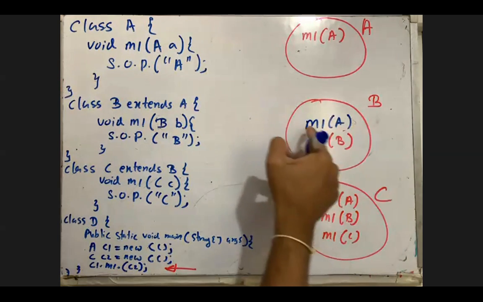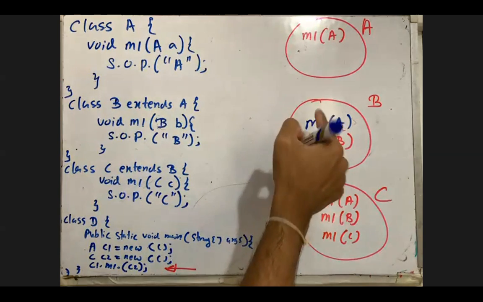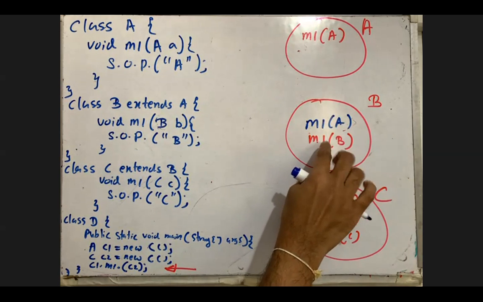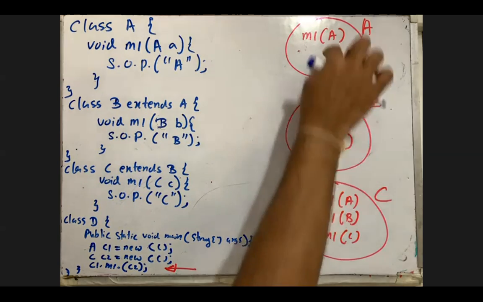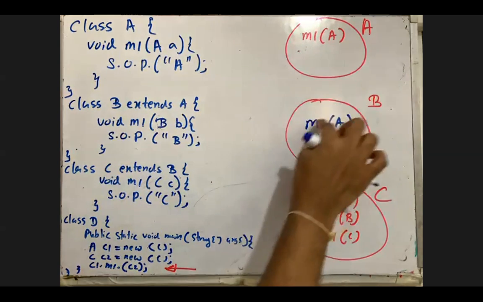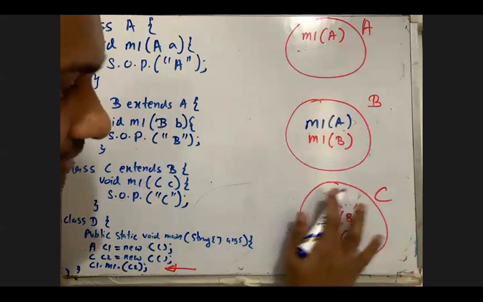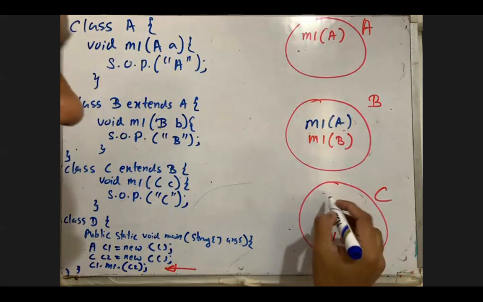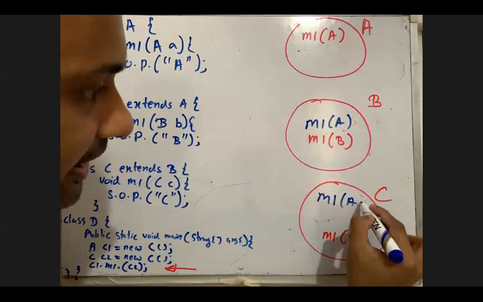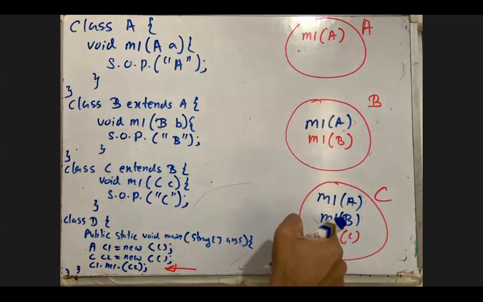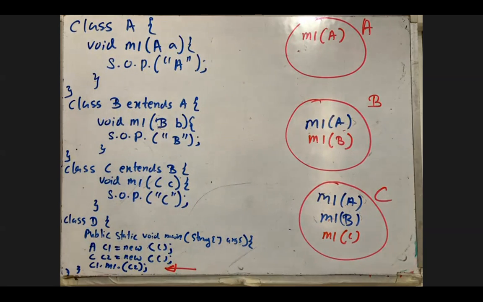M1A, blue color, is a superclass method. Red color is the own method. M1B is the own method. This M1A is inherited from the superclass. Blue color is inherited, so this one has been inherited again. Now M1A and M1B are inherited and M1C is the own method.